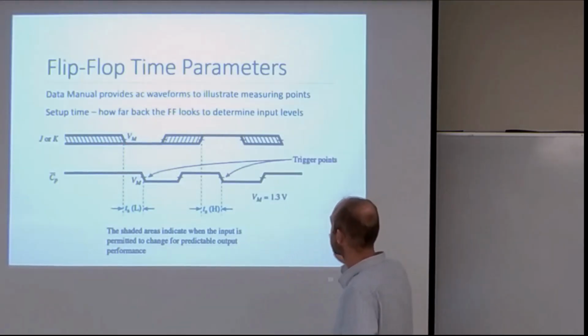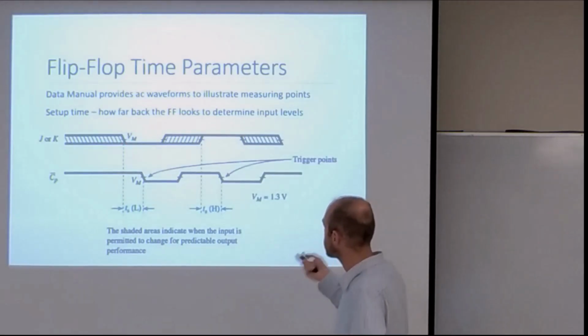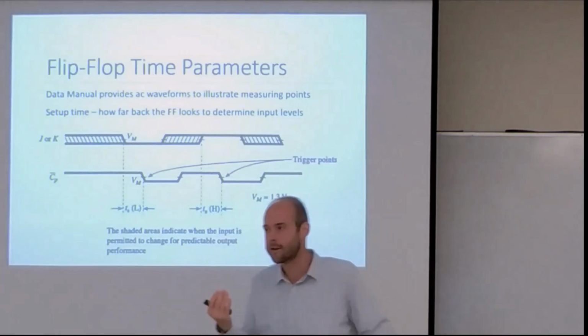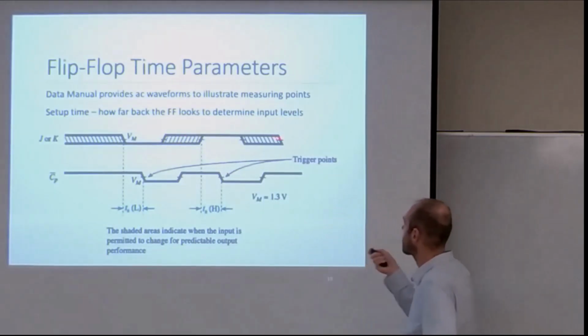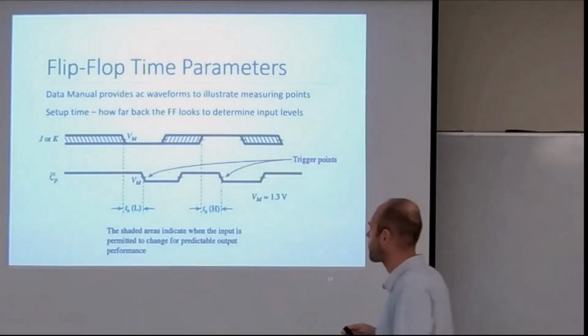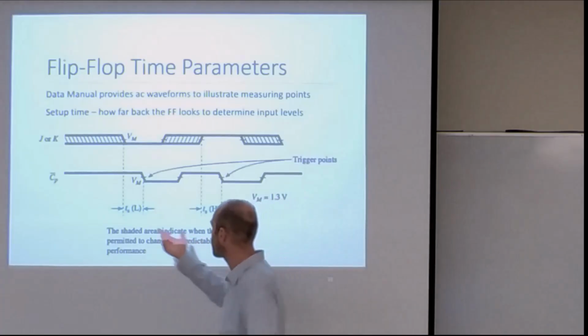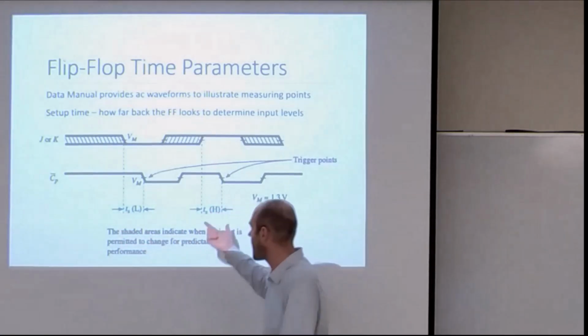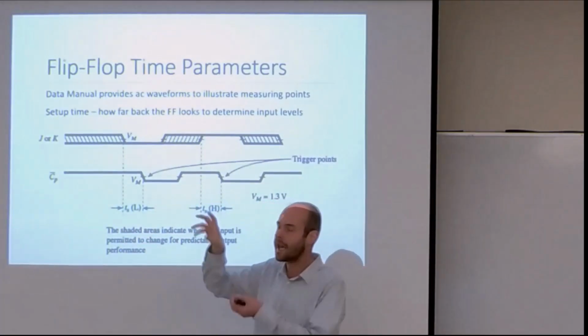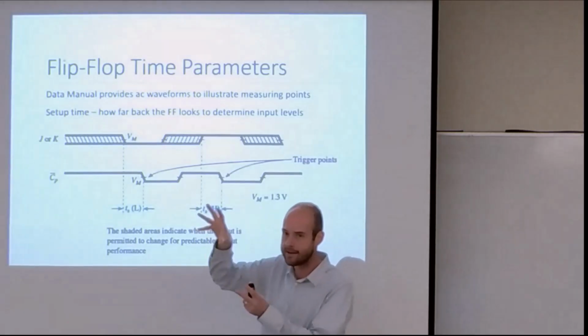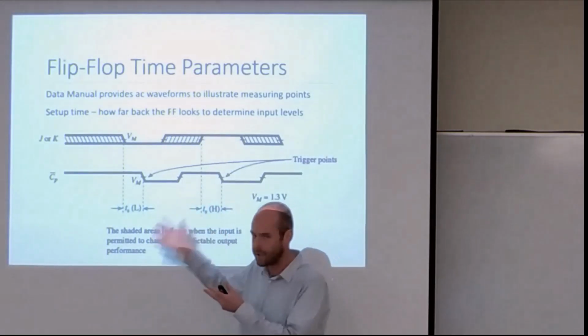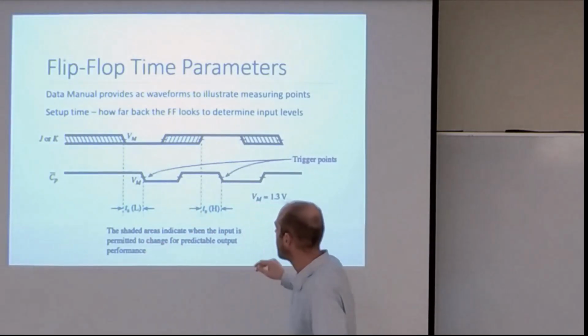How far back do you need to set your inputs in order to know for sure what those levels are going to be? So we have an amount of setup time, meaning have your J and K or your S and R in place this much before you're looking for them to be utilized.